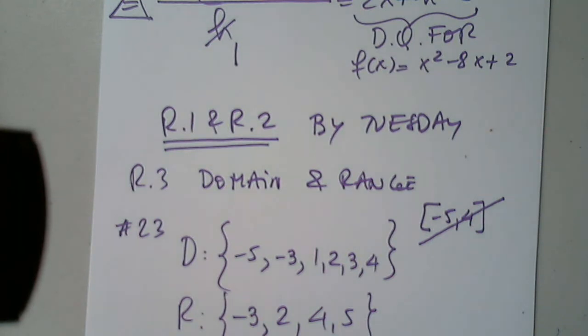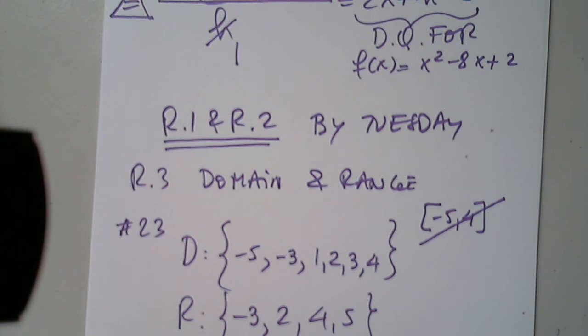Y equals 2 is a horizontal line. X equals 1 is a vertical line. A horizontal line at 2 will cross the graph in 3 points. Can anyone give us the x values for those 3 points when y is 2? Negative 5, negative 3, and 4.